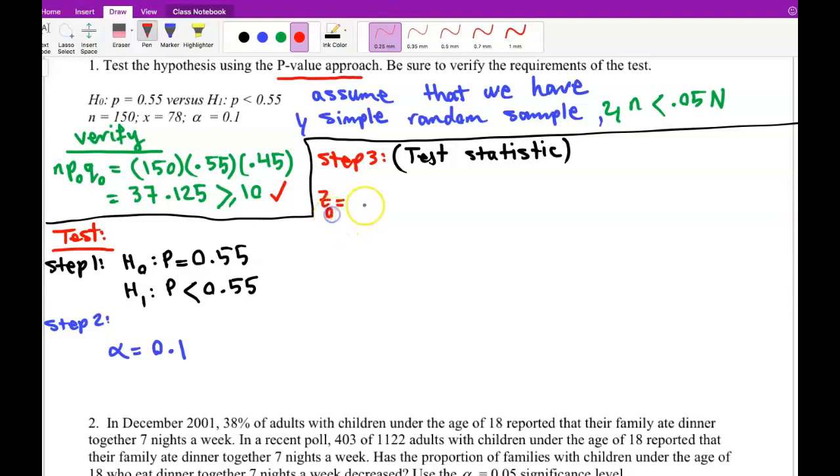Z0 is equal to p hat minus p0 divided by the square root of p0 times q0 divided by n.